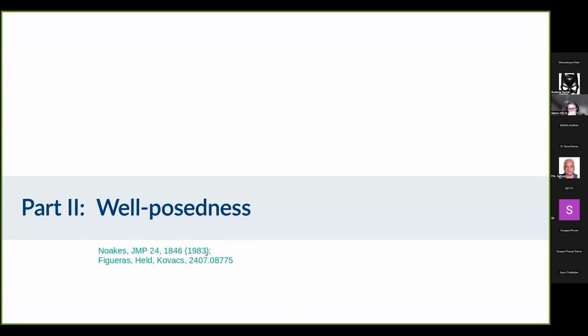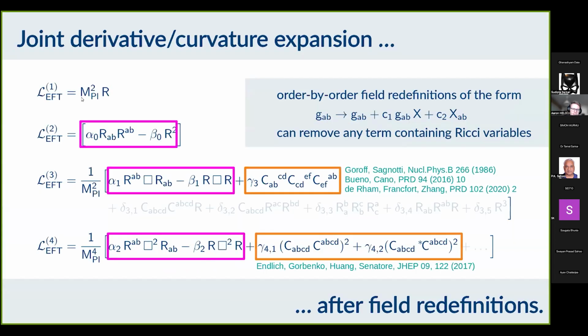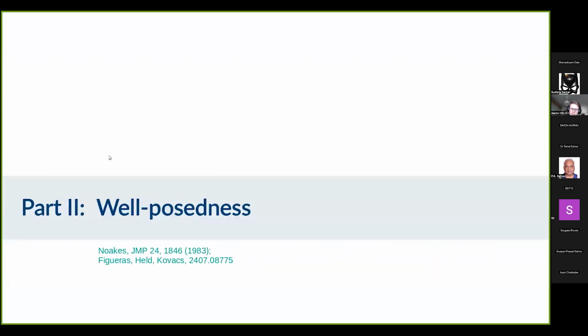I started working on this like 4 years ago or so because of this paper, because I was surprised, and he actually proves that the quadratic truncation, this theory here, which I will call quadratic gravity, has a well-posed initial value problem. And the way that he proves it has eventually led to this paper here, where we take it to arbitrary order in the effective field theory.